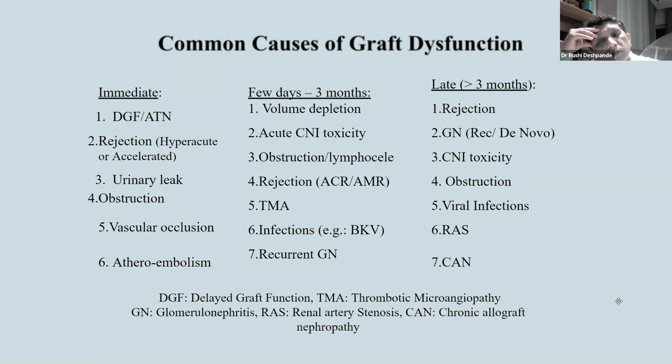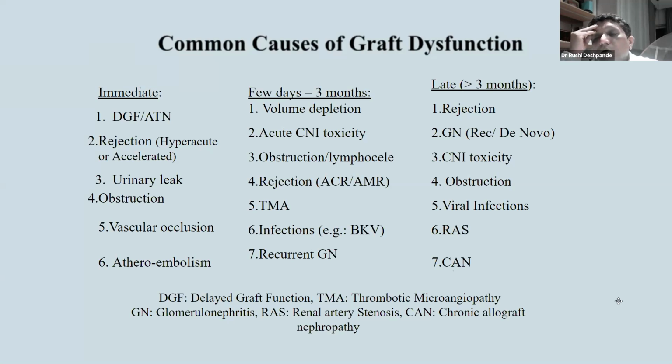The late complications are primarily rejections, and most of them are either because of non-compliance to medicines or because of non-monitoring of the medicine dose, or it could also be because of antibody-mediated chronic humoral rejection, we call it.